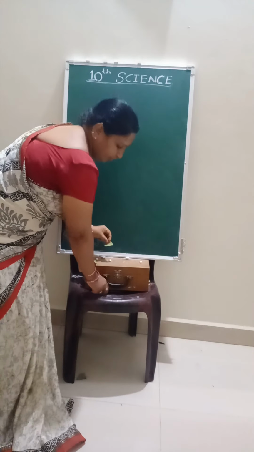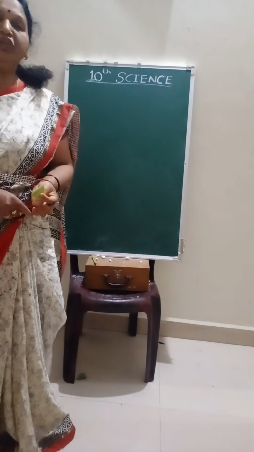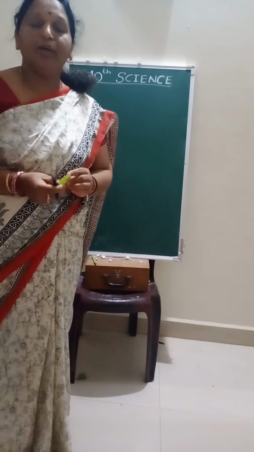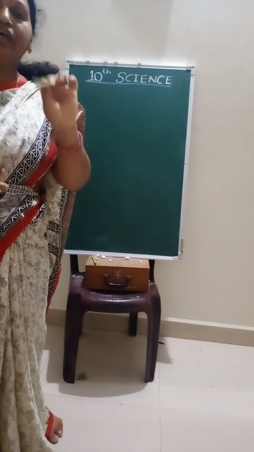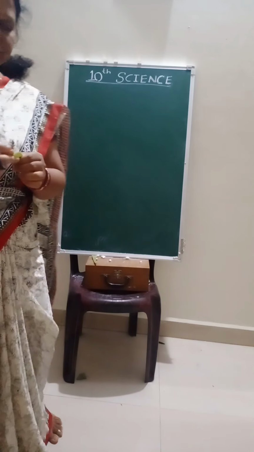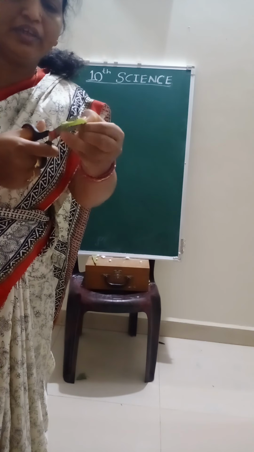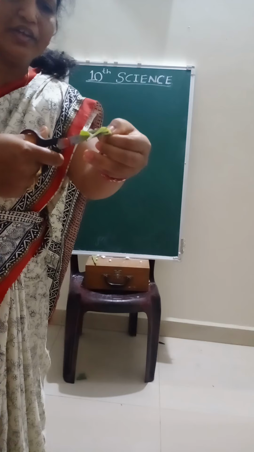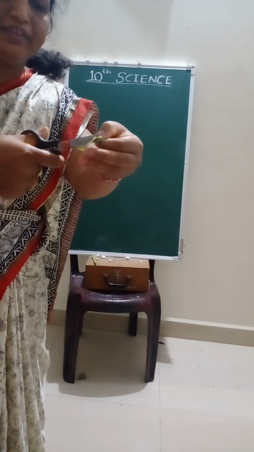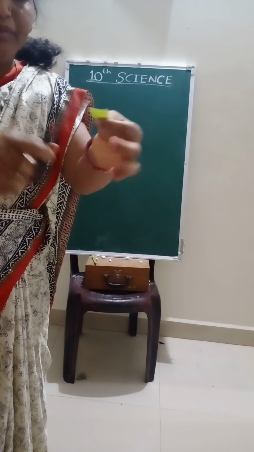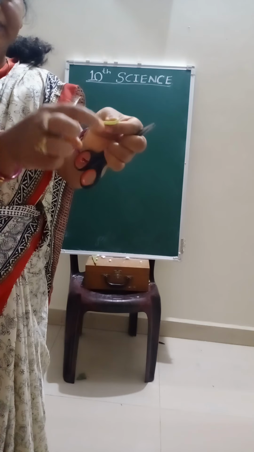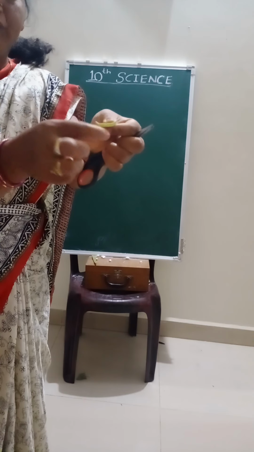Okay, children. Now, let us see which are the parts present in the leaf. For example, if I cut this leaf, the cross section, this is called as the cross section. If I cut this, so here between this length, there are so many parts.